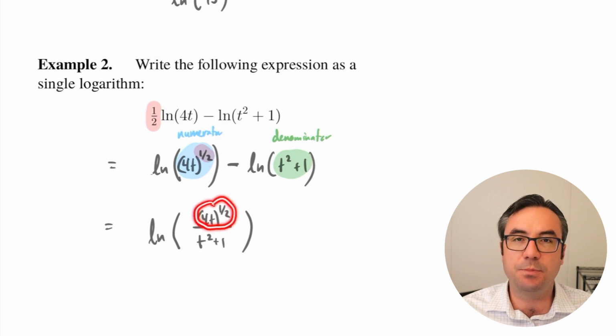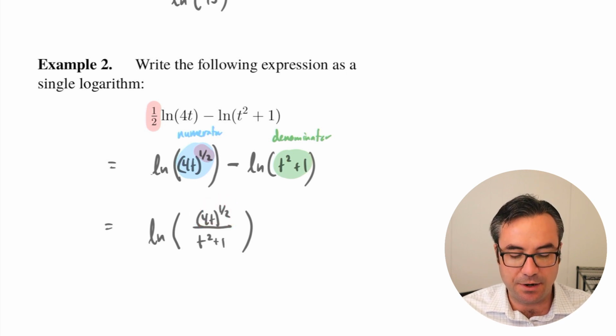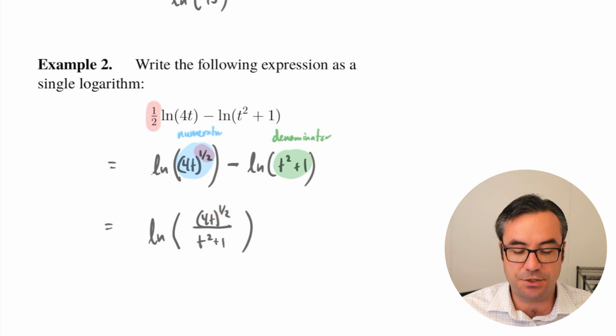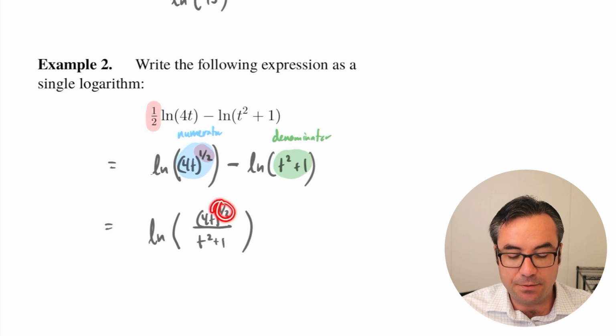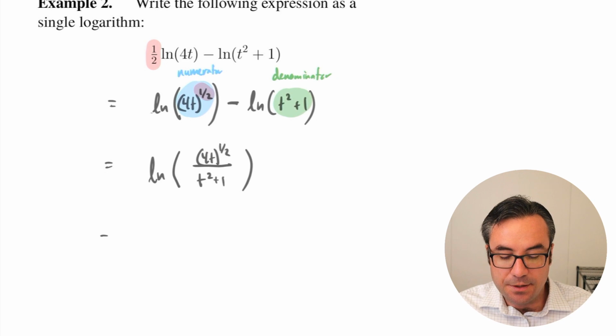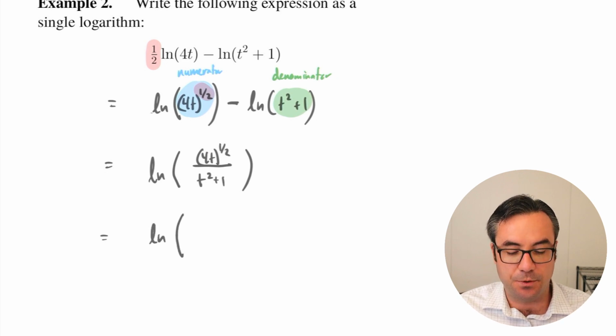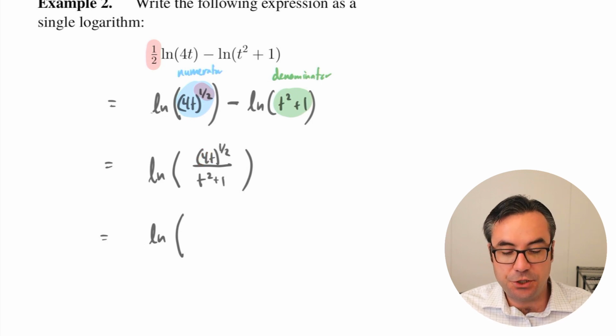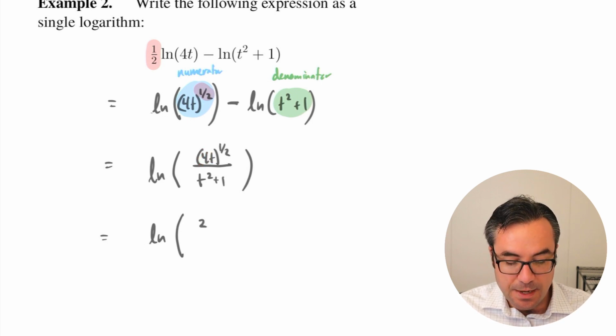We could go maybe a little bit further if we wanted to, and we could use our regular exponent rules to break this apart even further. So we could take the 1/2 and distribute it to the 4. So the square root of 4 is just 2, and then we'd have t raised to the 1/2.